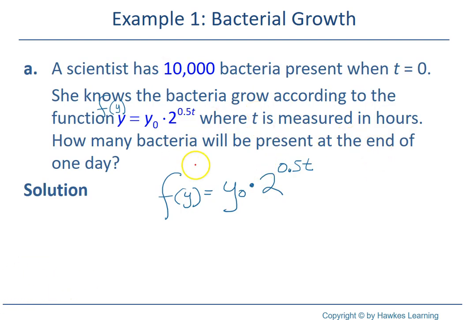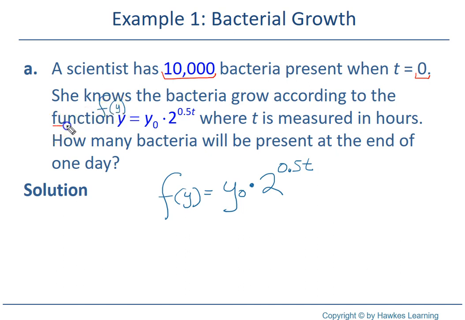Now, for our first example, we're going to read this over carefully. We have 10,000 bacteria present when the time is 0. That is the start. And this is the function for the growth of bacteria. Now, they didn't put it in function symbol.